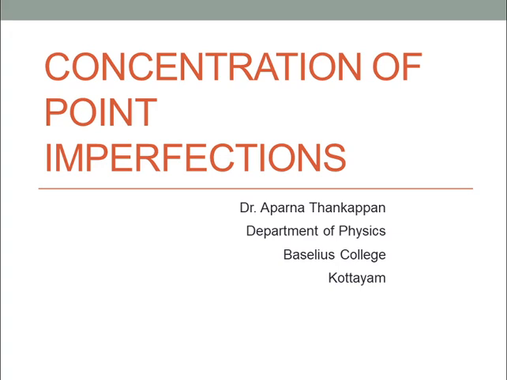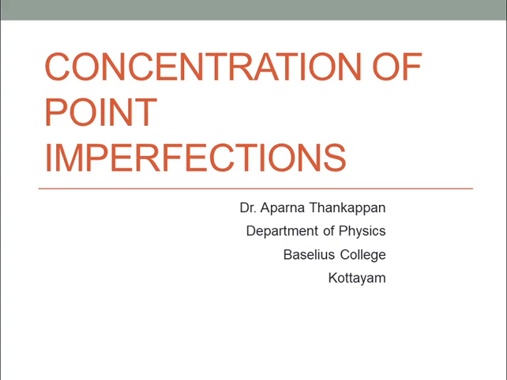There are Schottky imperfections and Frenkel imperfections. A Schottky imperfection is a type of vacancy in which the atom, being free from the regular site, may migrate to the surface of the crystal through successive steps and eventually settle on the crystal surface.